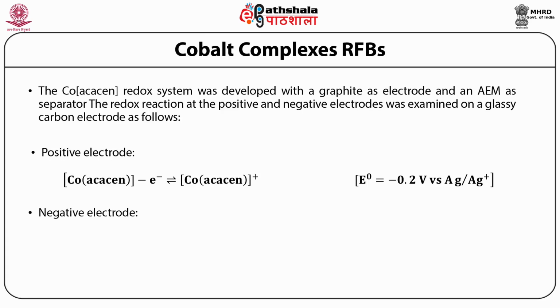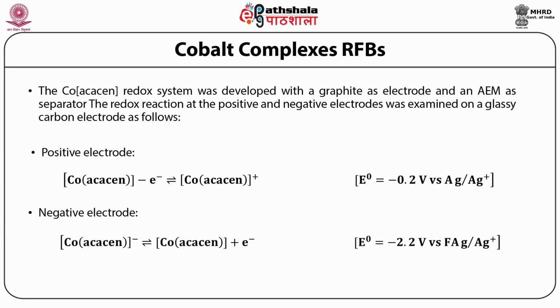At negative electrode, Co(acac)2en plus an electron gives Co(acac)2en- with E naught equal to minus 2.2 volts versus Ag+.